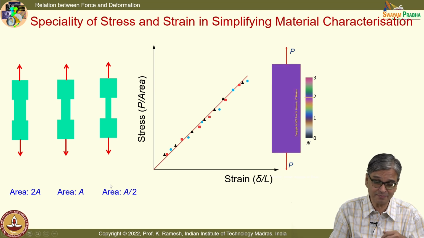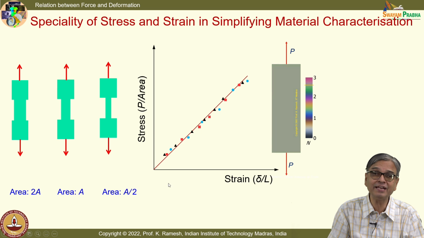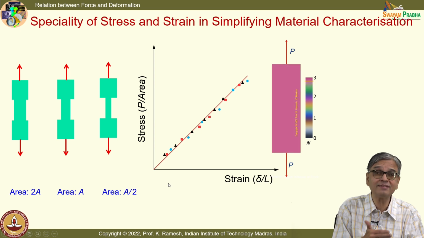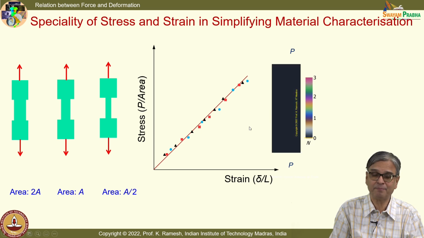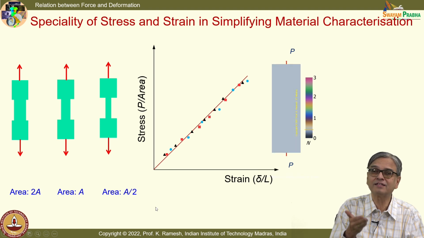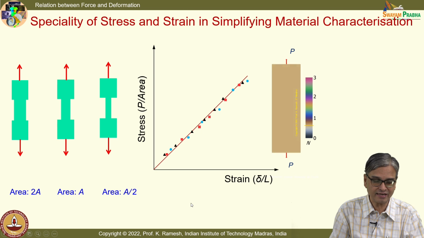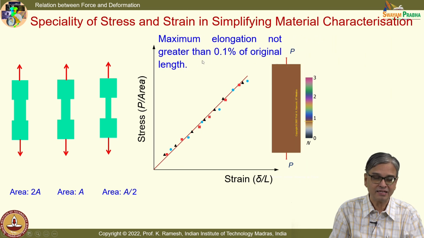The concept of why I should plot change in length divided by original length and force divided by area was prompted by this kind of development. And you also see the photoelastic fringes have a constant color. We have already noted that this should be small deformation. This is valid as long as my deformation is 0.1%.